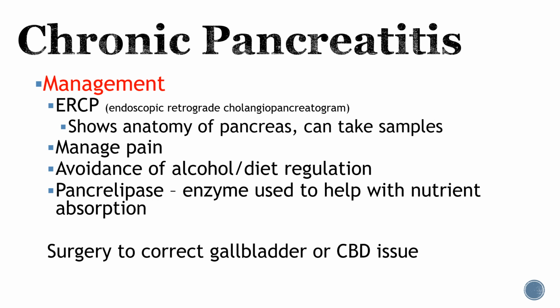We can actually take samples of the pancreas and see what's going on with the actual pancreatic tissue. It's going to be the thing that probably tells us the most that they actually have chronic pancreatitis versus an acute pancreatitis.